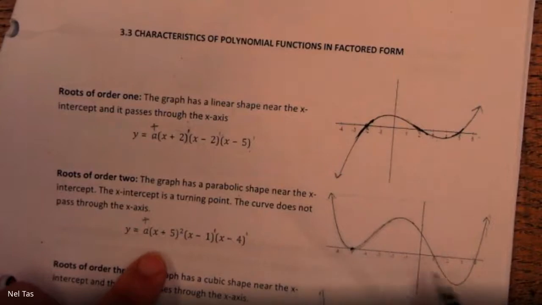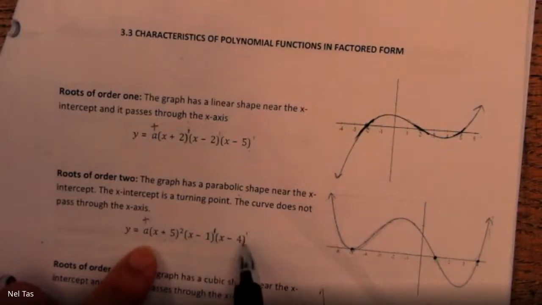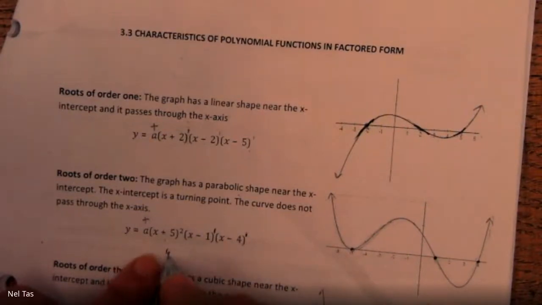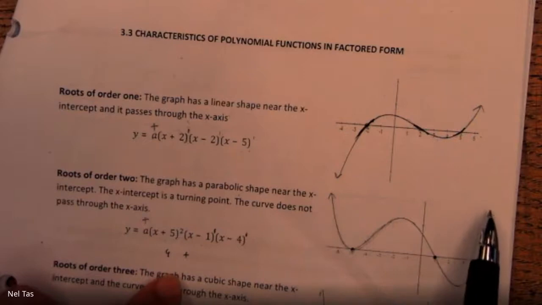If you look at the degree, the orders are 2, 1, and 1, so this is degree 4, right? And I'm telling you that a is positive.